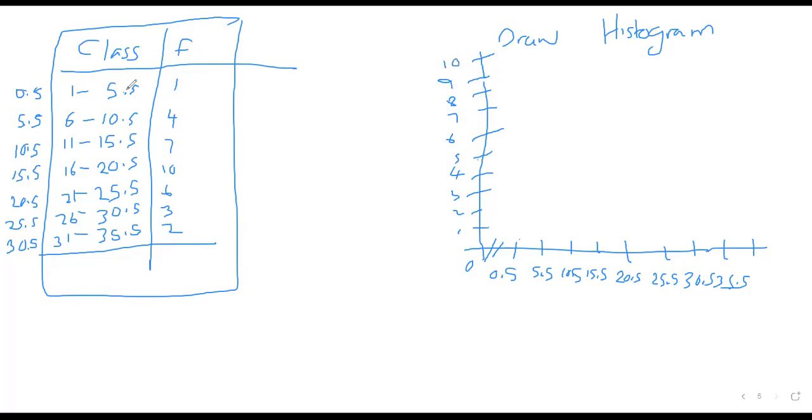So from 0.5 to 5.5, it's at 1. We do it at 1 here. Then at 4. Then at 7. Then at 10. Then 6, 3, 2.